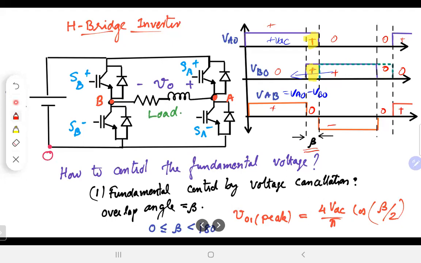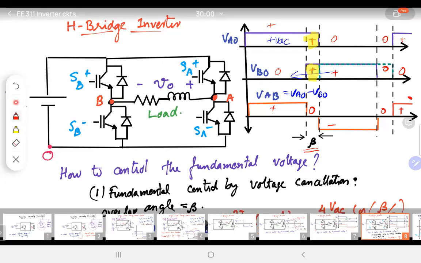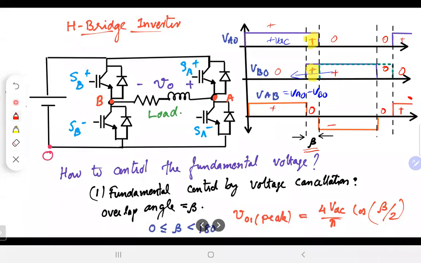So if I shift VBO all the way to the left side, shift by 180 degrees, what would happen? The entire voltage waveform would be cancelled. VAO minus VBO would be 0 all the time if you keep shifting it all the way to the left side. So if you move it all the way to this side, it will give me 0 voltage.